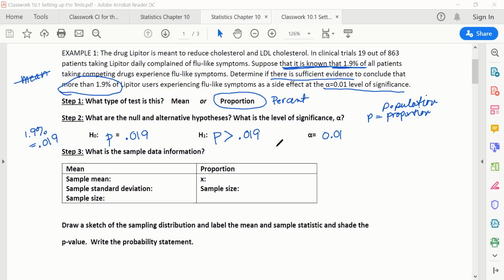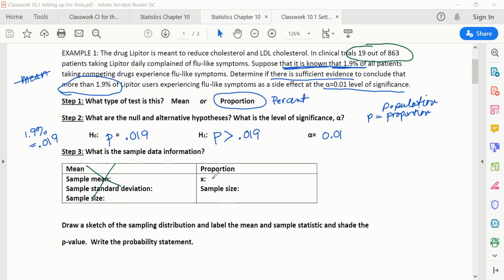Okay. Step 3 is to find my sample mean, my sample standard deviation, and my sample size. So my sample mean and standard deviation and size is all right here. Oh, sorry, not sample mean. We're using proportion, so you only have to fill out this side, the proportion size.